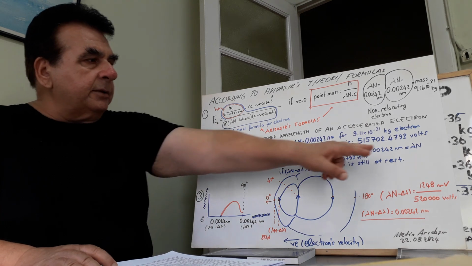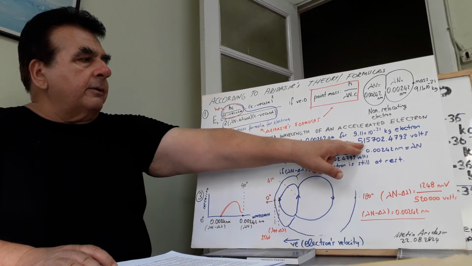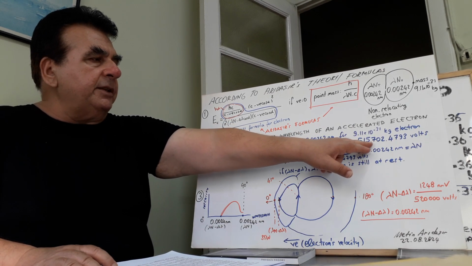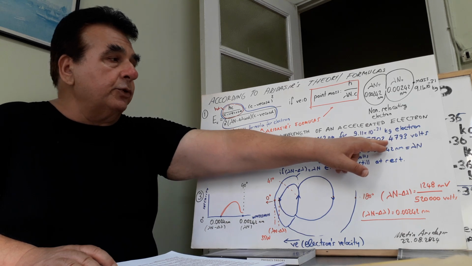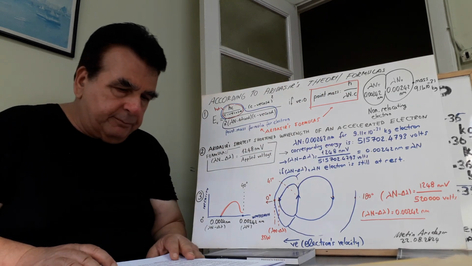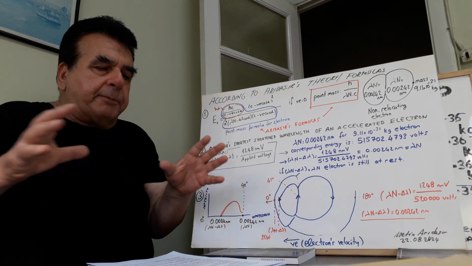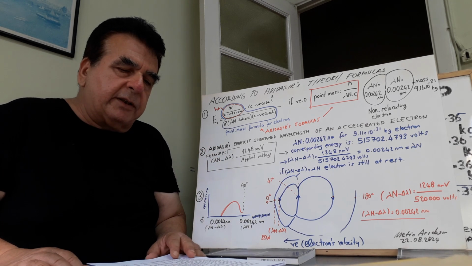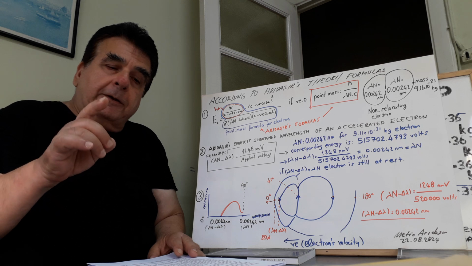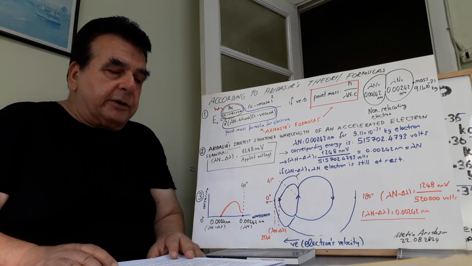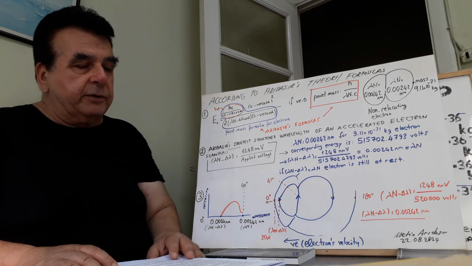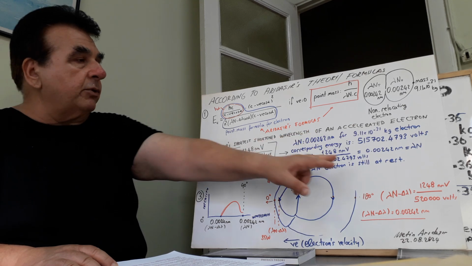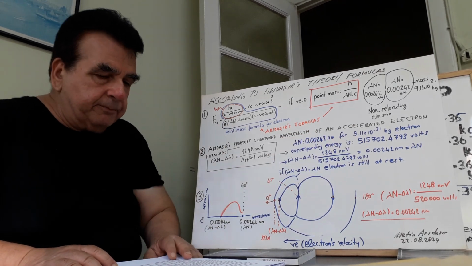Between 0 and 515,702.4 volts, you cannot move an electron with a mass of 9.11 × 10⁻31 kilogram with an accelerating voltage between 0 and this value.